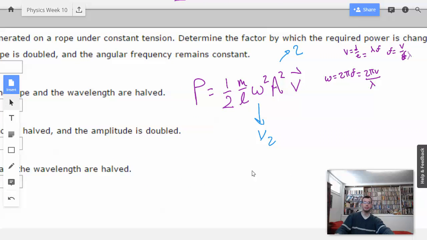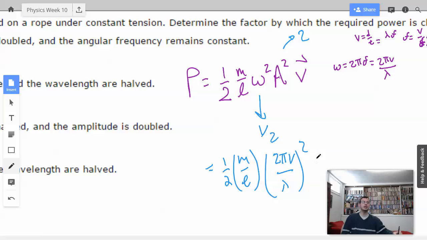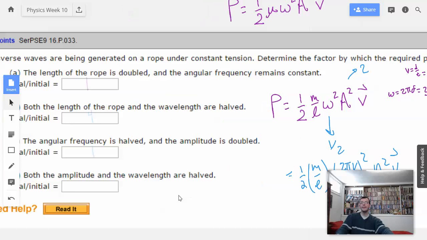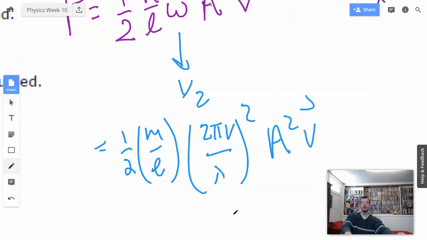Okay, so both the amplitude and the wavelength are halved. Going back to what we did a couple problems ago, we're going to have 1/2 m over L, because that's what mu is. And we're going to have 2 pi v over wavelength, because that's what omega is, angular frequency. And we're going to have amplitude still and v. So when we have the wavelength, we're going to have 1/2, and we're going to square that, which becomes 1/4.